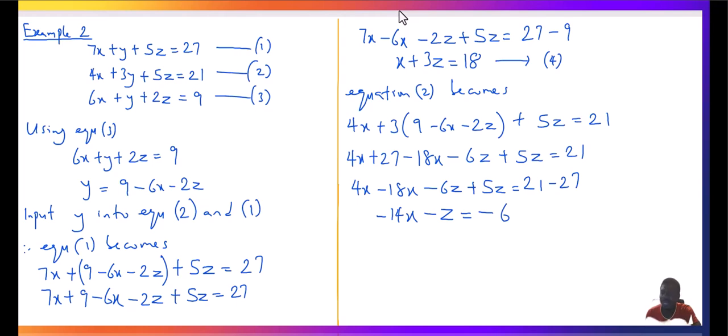They all have minus. So I can divide all through by minus. So let's put that here. Divide through by negative. That means I'm going to have 14x plus z is equals to 6.